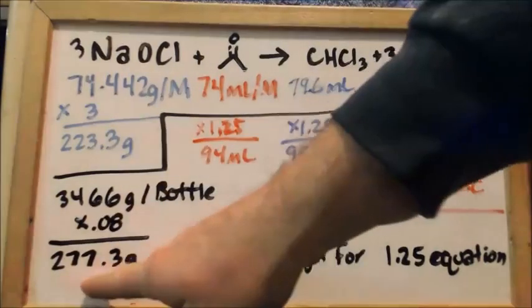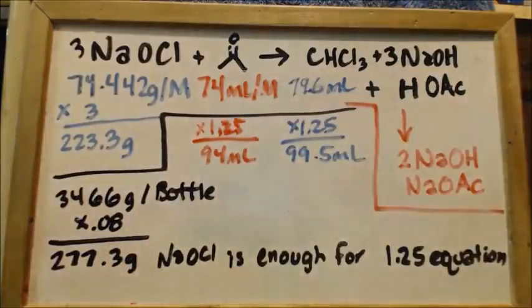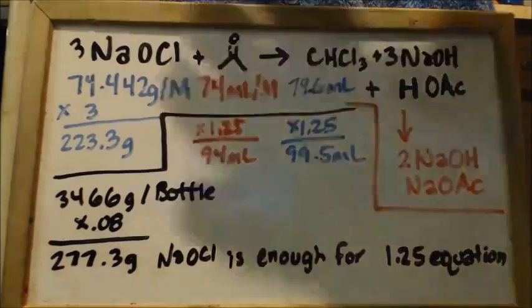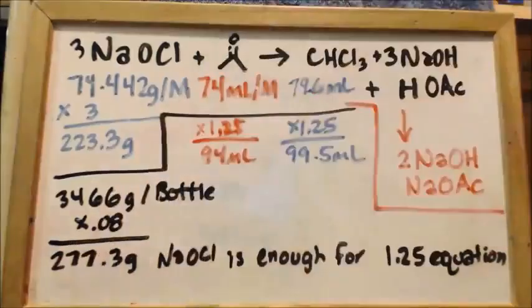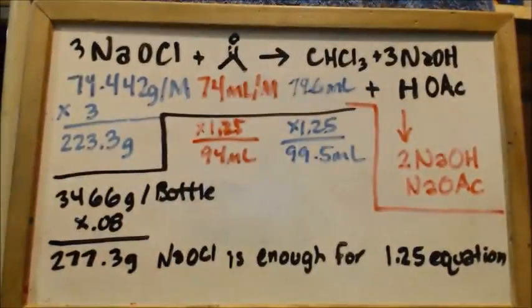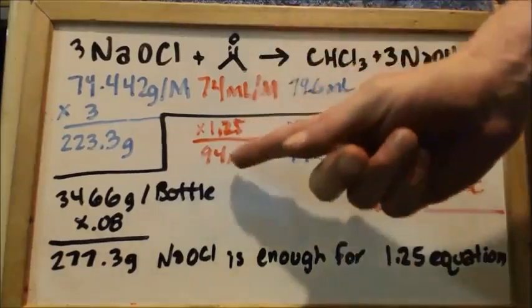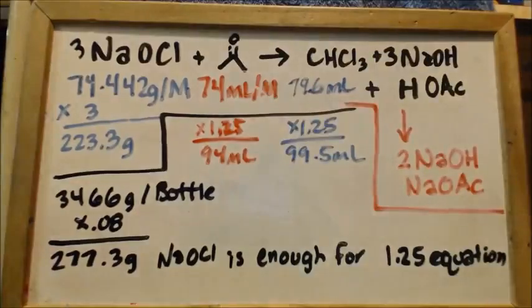Anyways, that gives me 277.3 grams of sodium chlorate, and that's enough for 1.25 reactions, according to the equation. So I took everything and multiplied it by 1.25. This to get 94 milliliters of acetone, and this to get the chloroform at 100 milliliters.